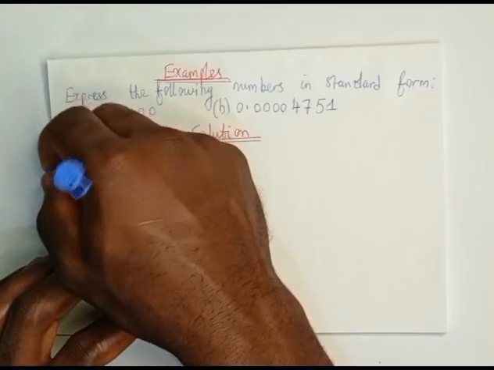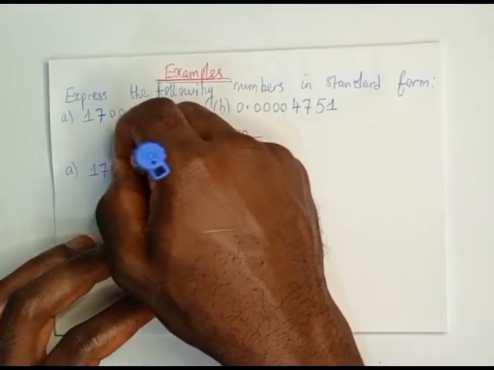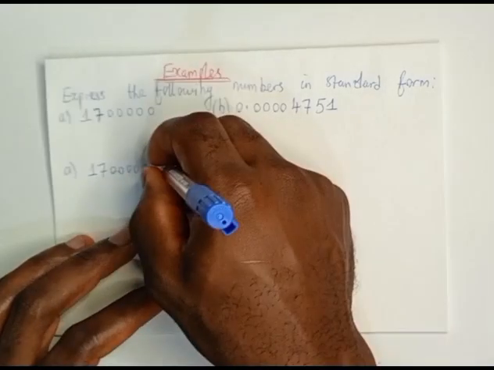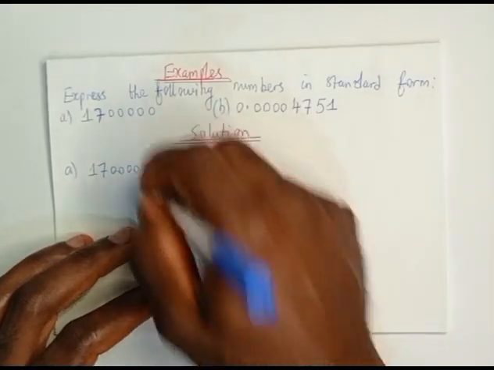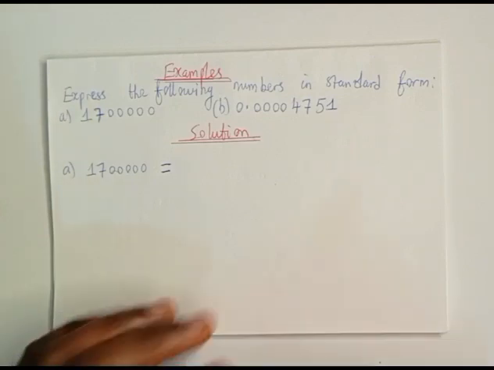For question A, we take the given number 1,700,000 in standard form. Remember I gave a note which says that to express a number in standard form, put a decimal point after the first non-zero digit.